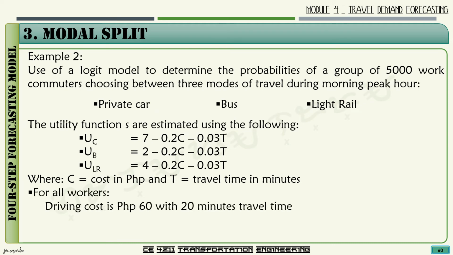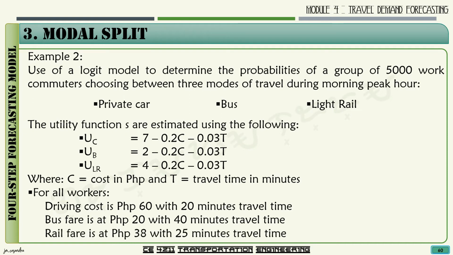So for all workers, the driving cost will be 60 pesos with 20 minutes travel time. The bus fare will be equal to 20 pesos with a 40-minute travel time, and the rail fare will be 38 pesos with a 25-minute travel time.